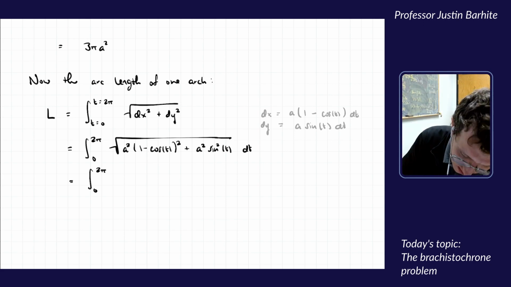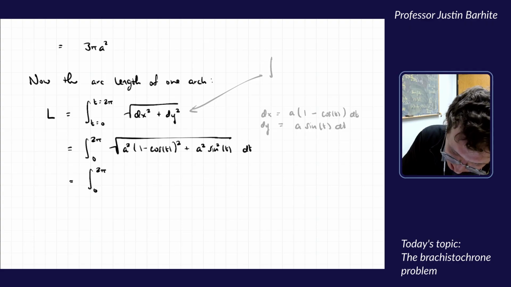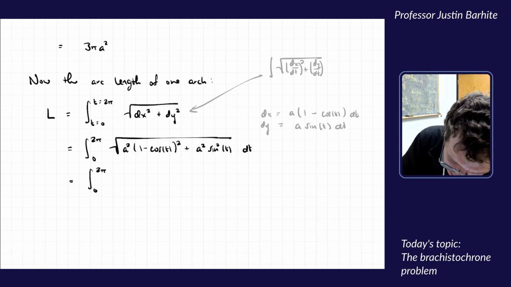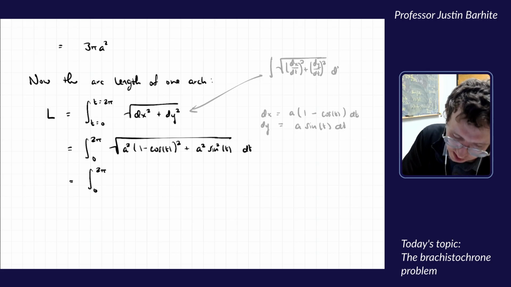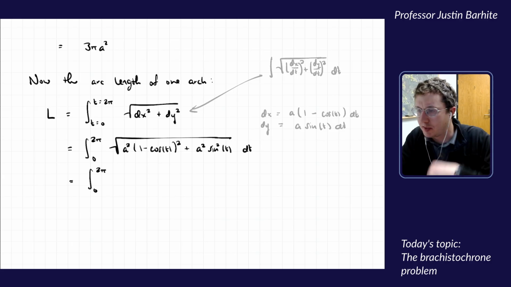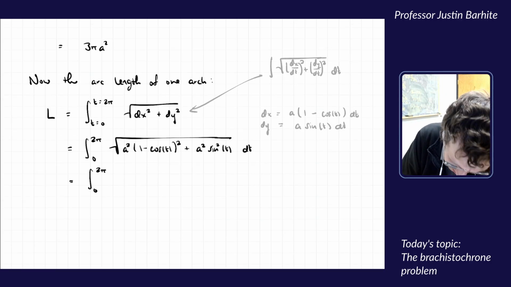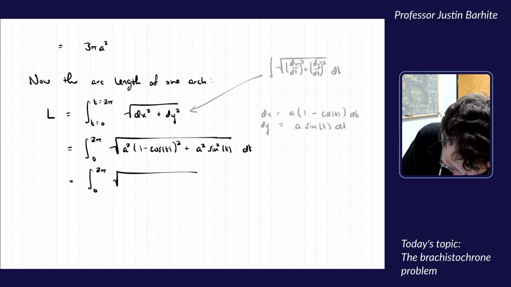Oh, I guess another way that you might see this written is just the integral of dx dt squared plus dy dt squared with respect to t. Same thing. Okay, I need to simplify this.